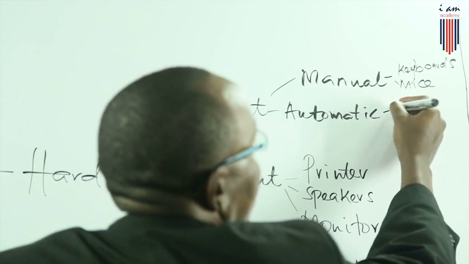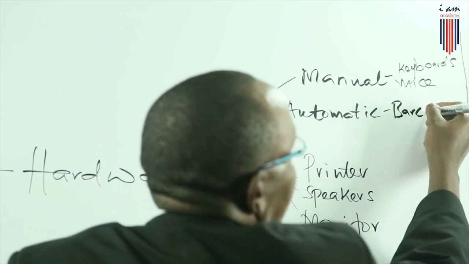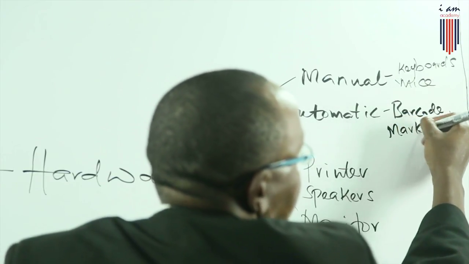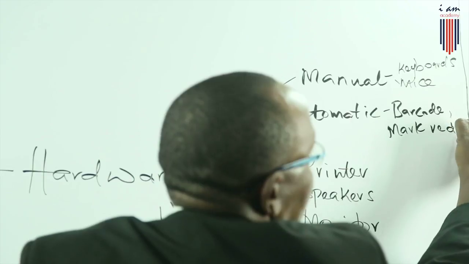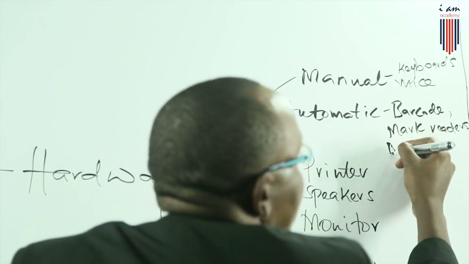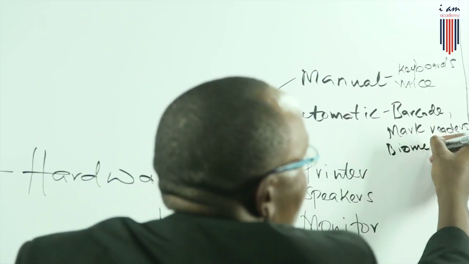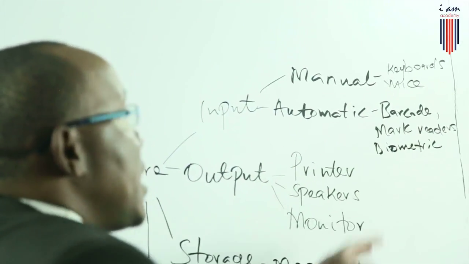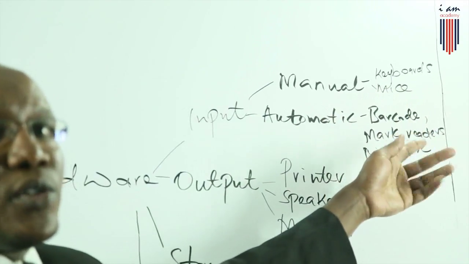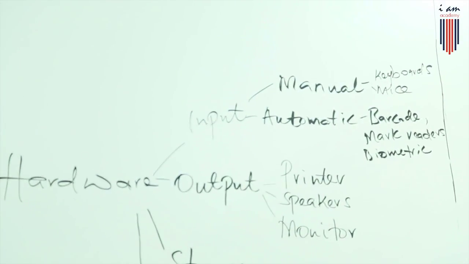Automatic, we have given the examples of barcode readers. There are mark readers of various kinds. In this same category, we can add biometric devices and so many others. They are automatic because they automatically input information into the computer.